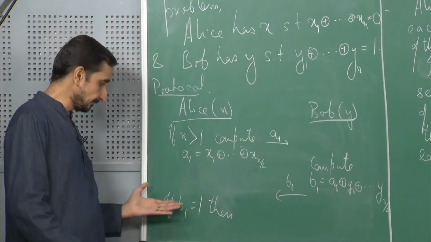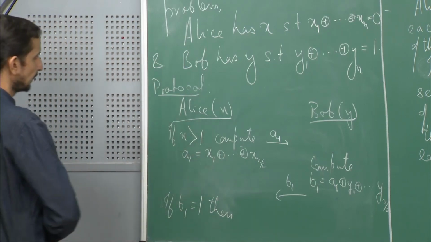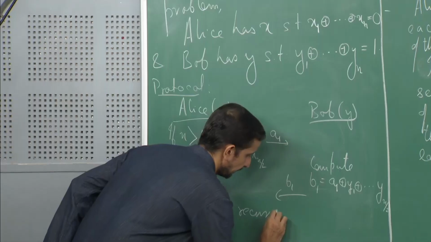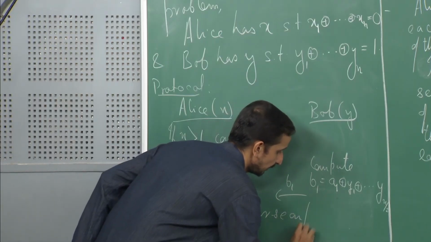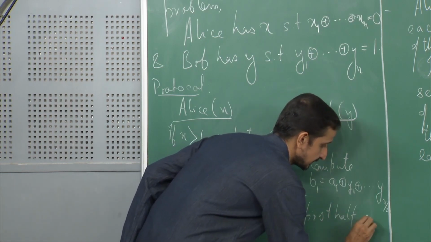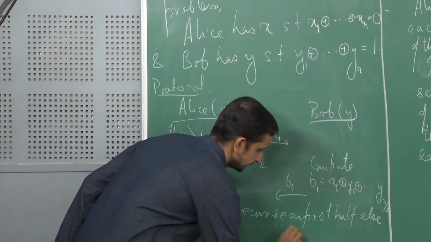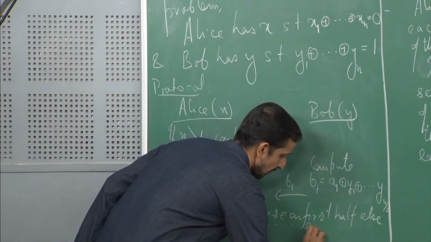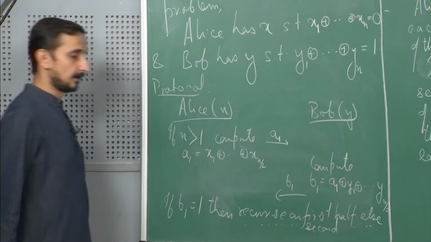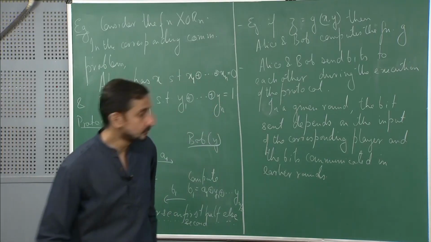So therefore, if they recurse on the first half, then you have two inputs on which they differ. So then, if B1 equals 1, recurse on the first half, else recurse on the second half. Okay.